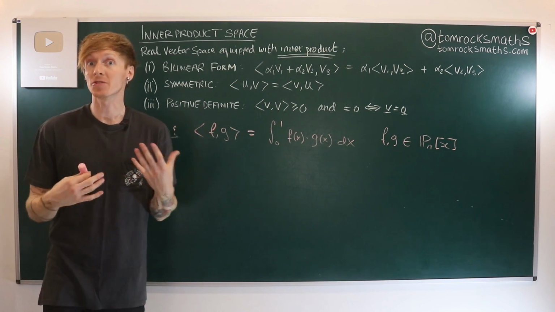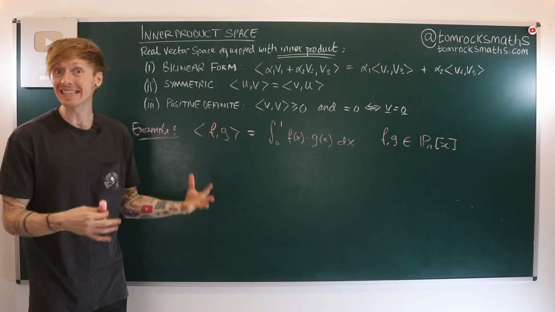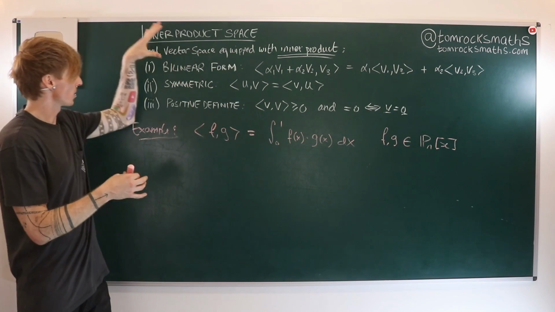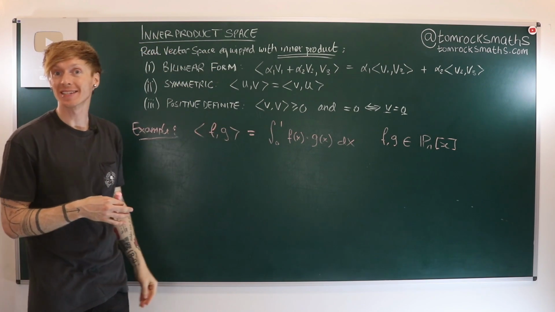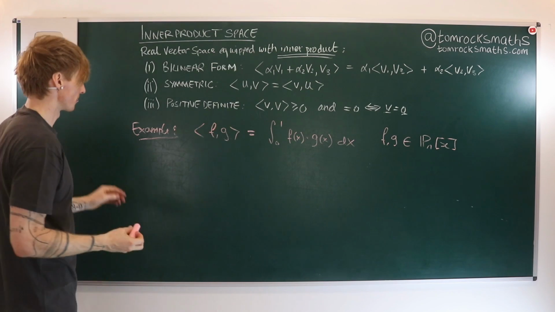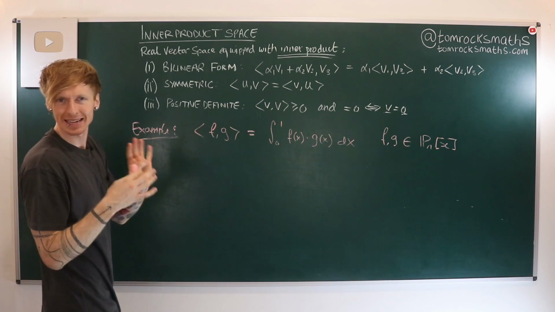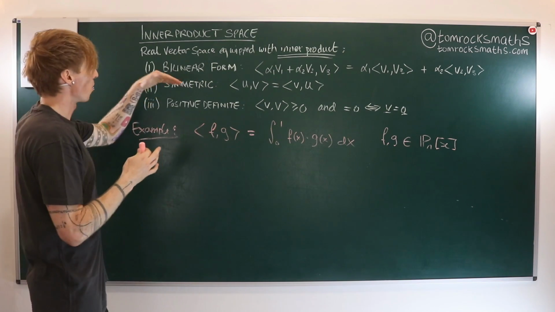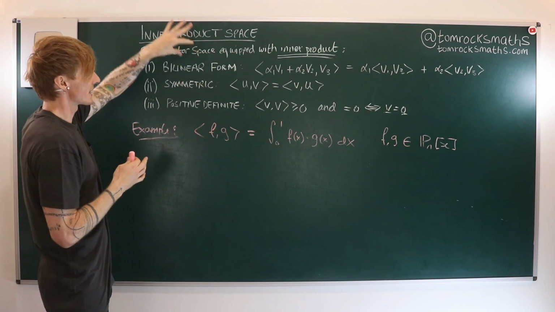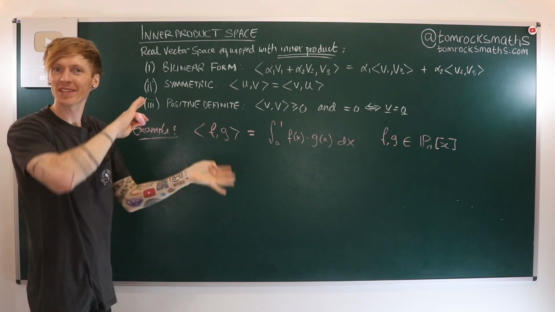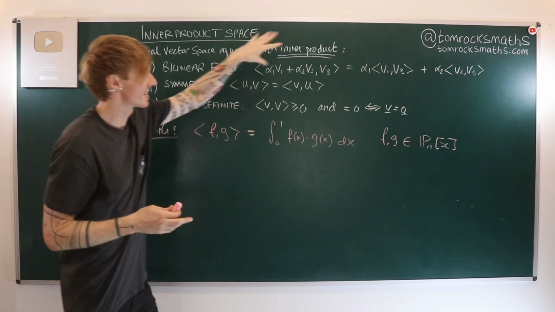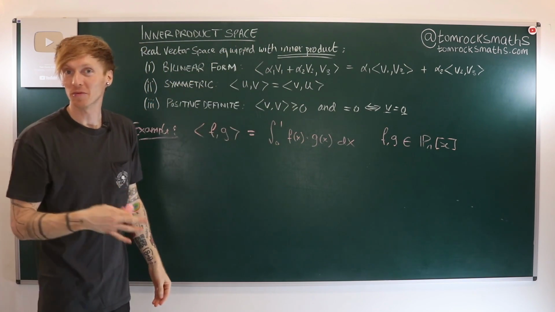Of course, we need to check that this is indeed an inner product, which means checking that it satisfies our three properties. I'm going to start with symmetric because, as I've hinted at several times now, once we have symmetric, we only need it to be linear in one position, because then by symmetry the second linearity will follow.